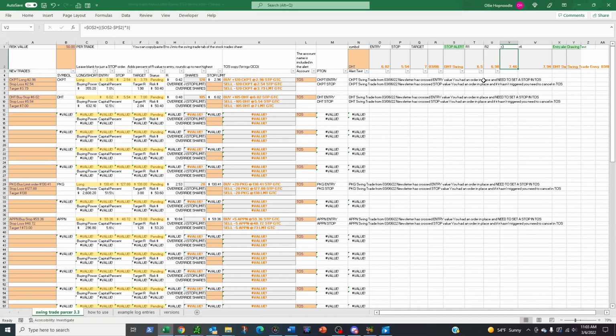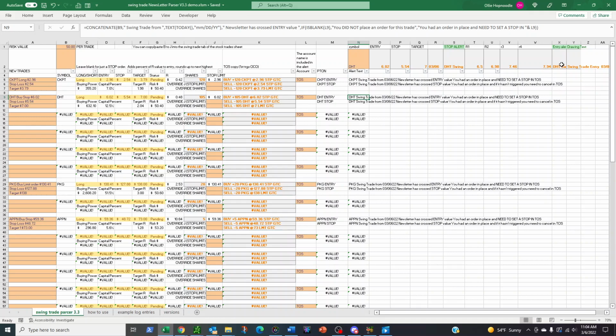It also creates, I shouldn't say it creates, it gets the stop alert and entry alert text from this column. So for each trade, a stop and entry text is created, and then what I do is I go ahead and I can copy that into an alert into Thinkorswim at whatever price point I want.